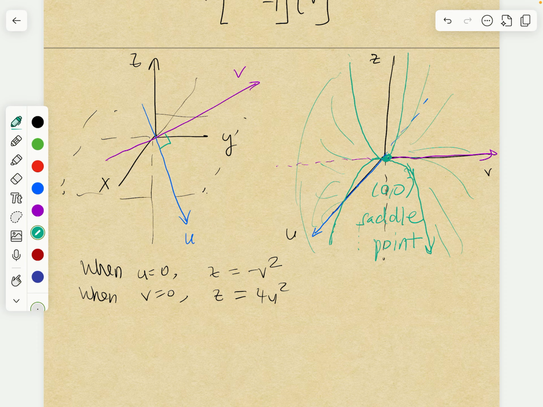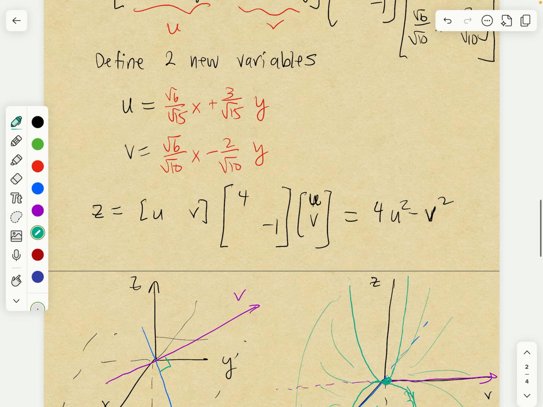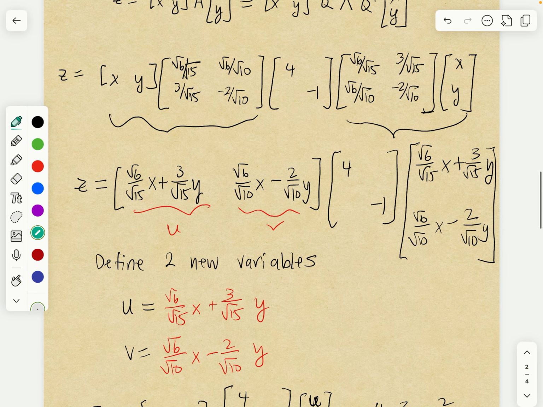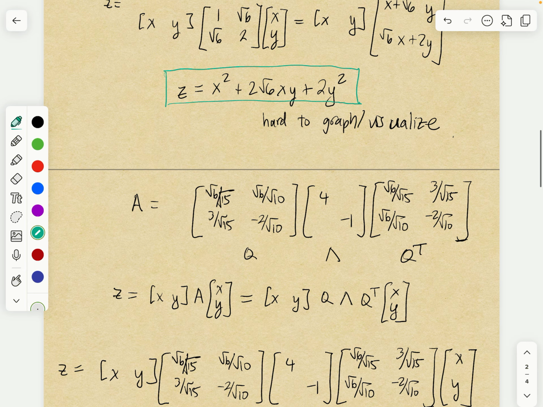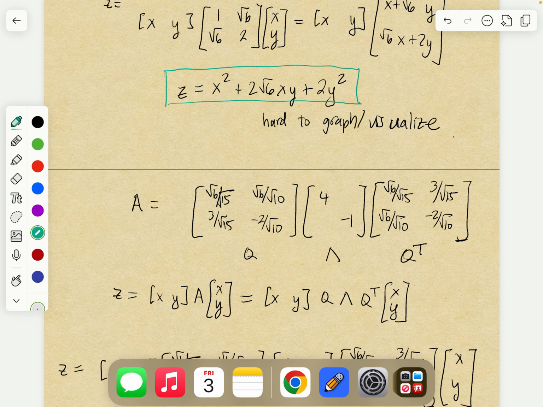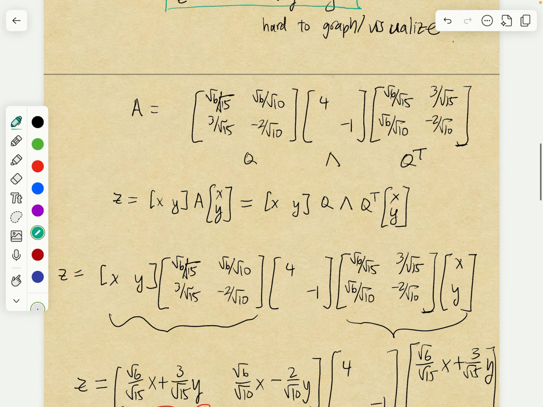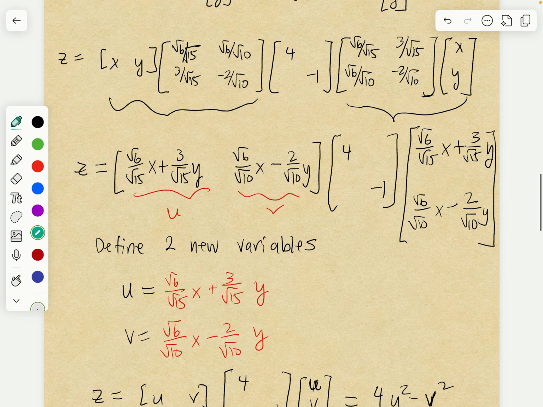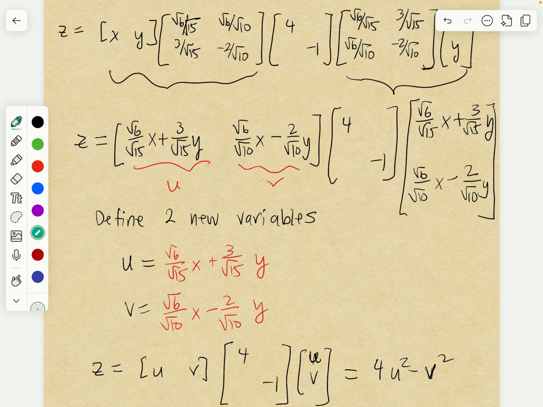So do you see how we used the spectral theorem to figure that out? Originally, we had some complicated function, f of xy equals x squared plus 2 root 6 xy plus 2y squared. Hard to figure out what's going on there. But since we used the spectral theorem, we came up with new variables, u and v.